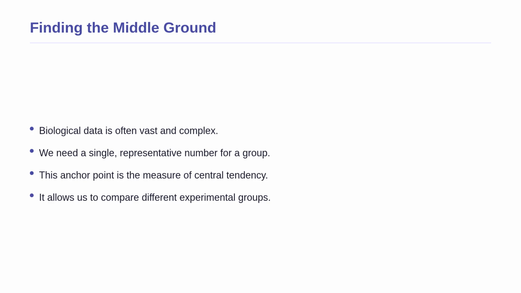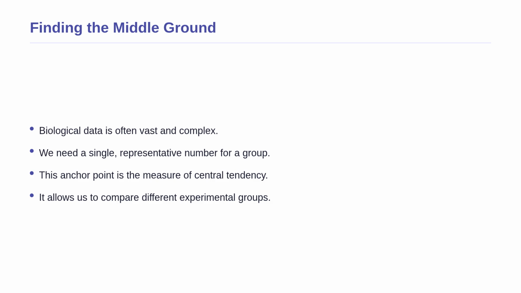Let us start by understanding why we need measures of central tendency. In the biological sciences, you will often collect massive amounts of data. If you want to know the typical weight of a sea turtle, or compare the blood pressure of patients on a new drug versus a placebo, you cannot look at every single data point at once.